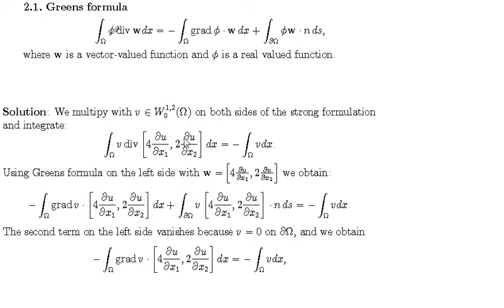So now we use the Green's formula, which takes this form. The integral of this term is equal to the sum of these two integrals. So if we replace now w, which is always a vector, by this vector, and of course we don't have v here, so we have to replace this phi with v, and then we obtain the following.